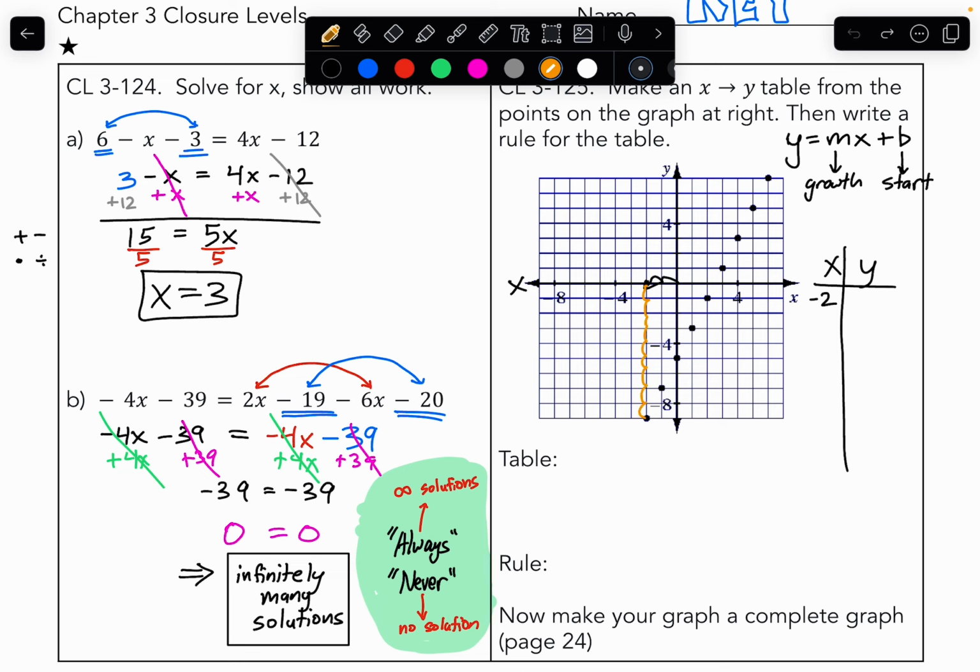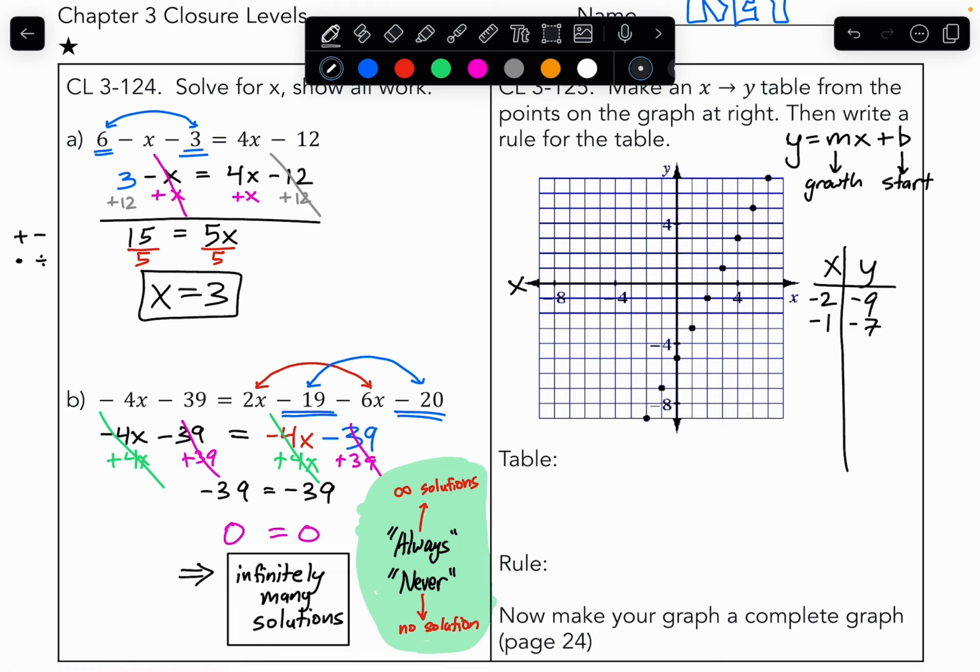That coordinate right there is -2, -9. Now, if you do the same, you'll get -1, comma, what? -1, 2, 3, 4, 5, 6, 7, right above -8 is -7.